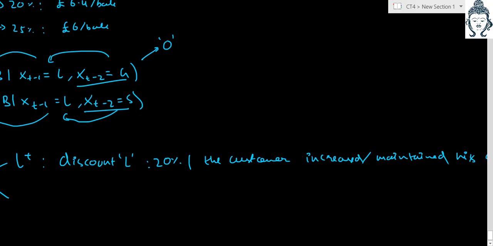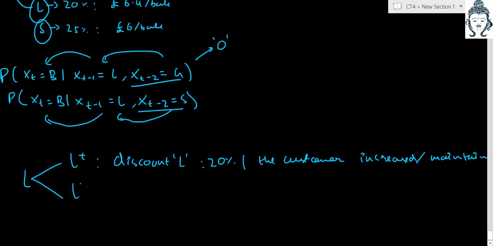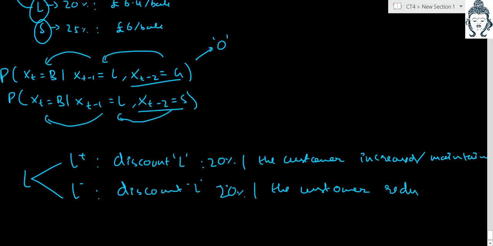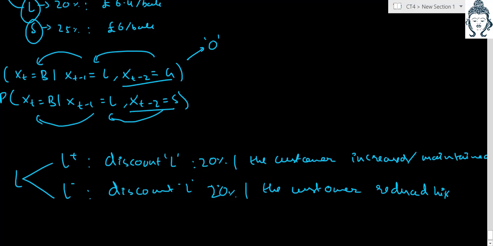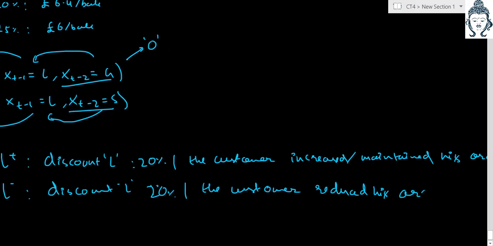And L minus would be equal to discount level L, that is again 20%, given that the customer reduced his order.